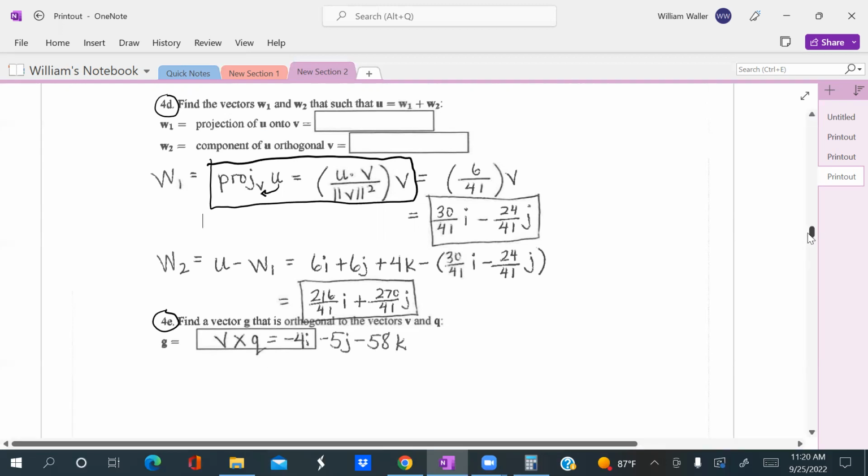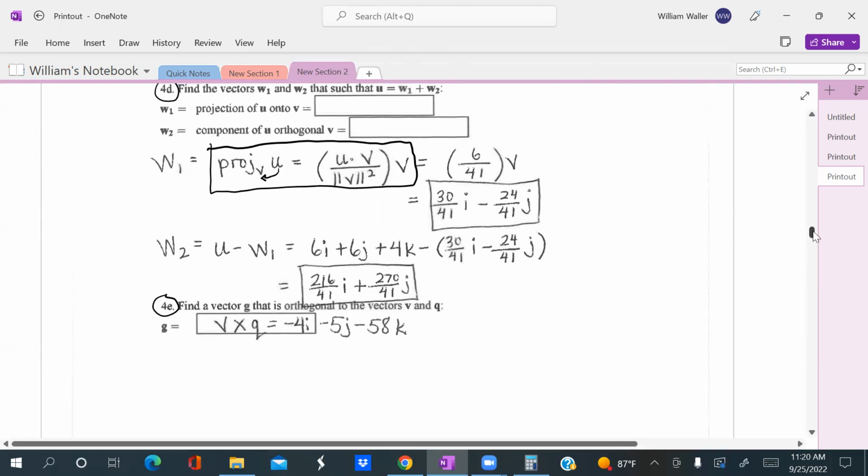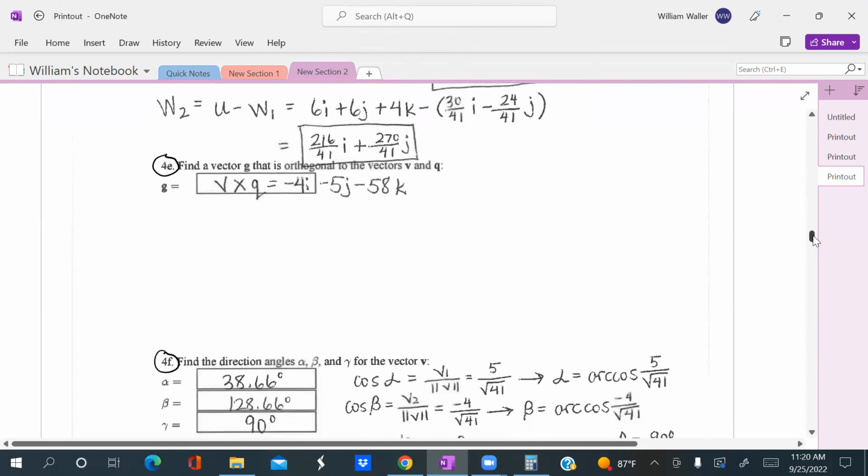Now, one place that cross products are useful is illustrated here in part 4E, because you're asked to find a vector G that's orthogonal to 2 given vectors. In this case, we're given the vectors v and q, and we want to find a third vector G that's perpendicular to both of these vectors.